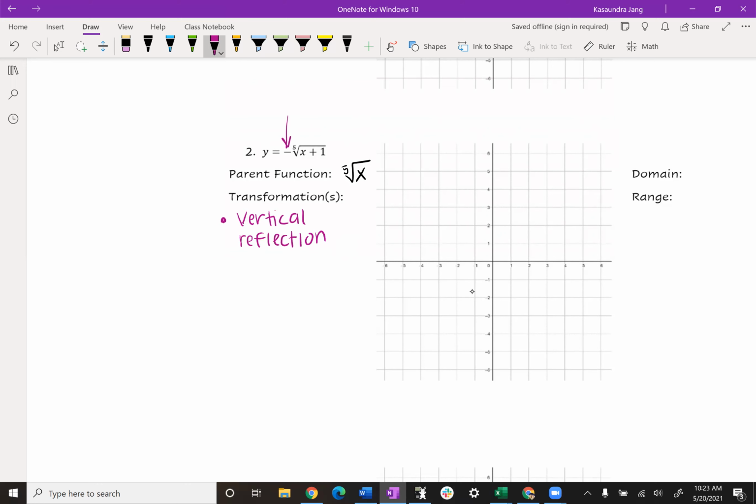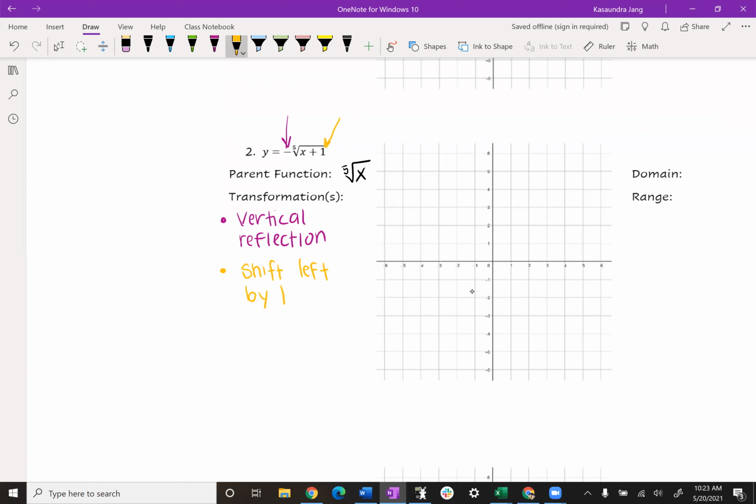All right, and then this +1 here, that is under the root with the x, so it will go horizontally as x's do. We are going to shift the entire graph to the left by 1. Or you can say translate to the left by 1.